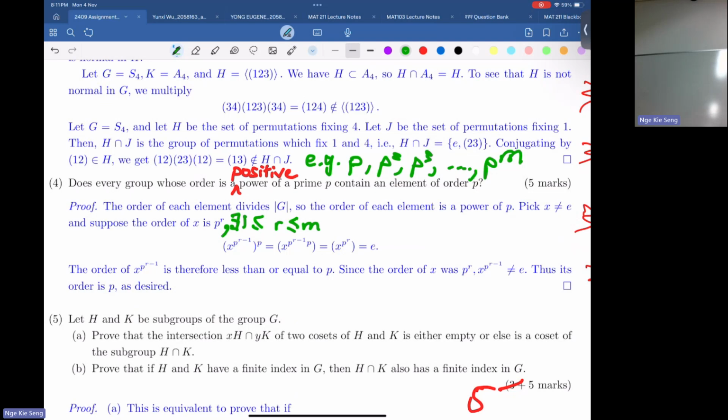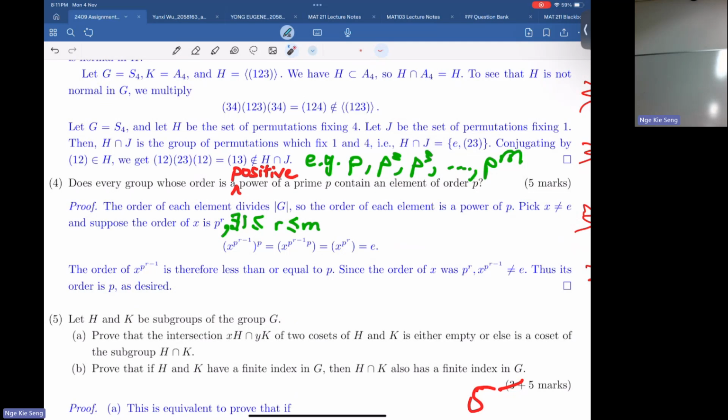Why? Because if the order is less than p, then you will get this element here equal to identity earlier than p to the r. Okay, so there's a contradiction here. Any question? Some of you cited Cauchy's theorem.